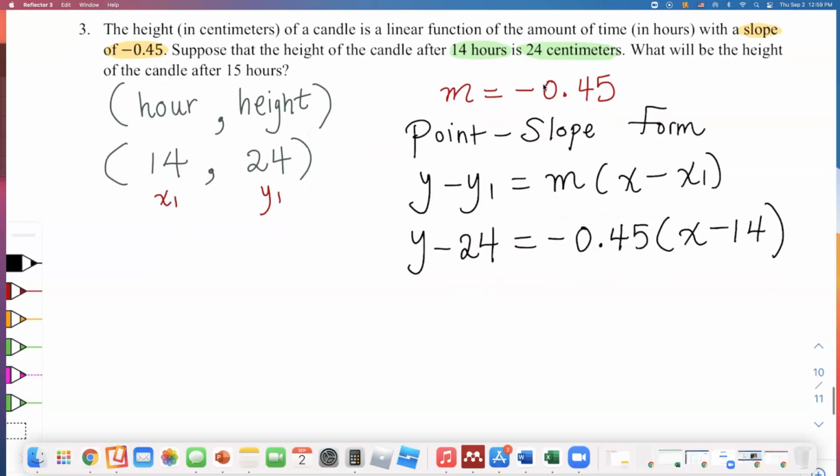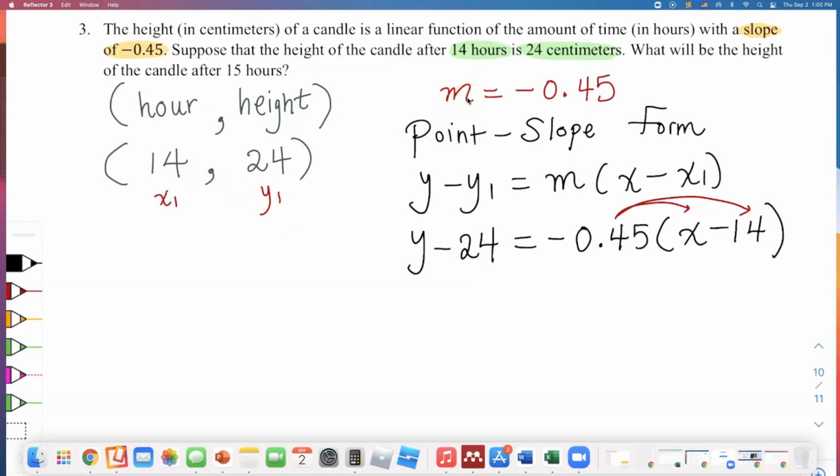I know I'm writing the equation kind of quickly because we spent more time during class on previous examples doing this point slope form. So by the time you're watching this video, you're probably familiar with writing the equation in point slope form given a point and a slope.